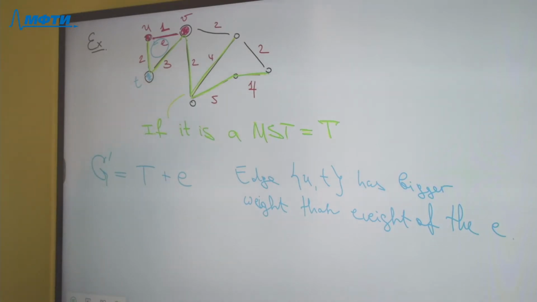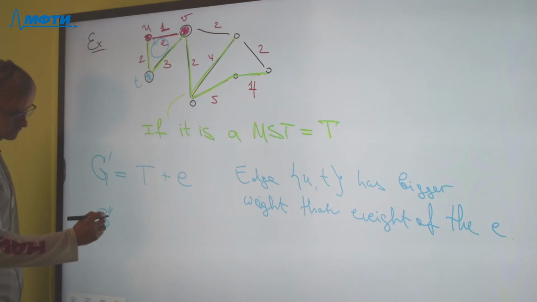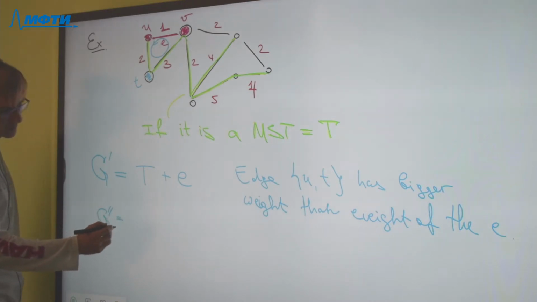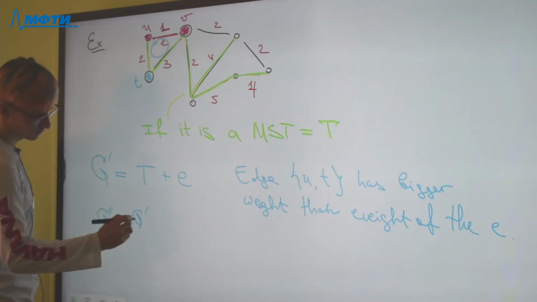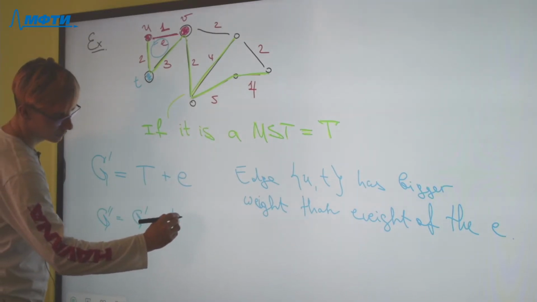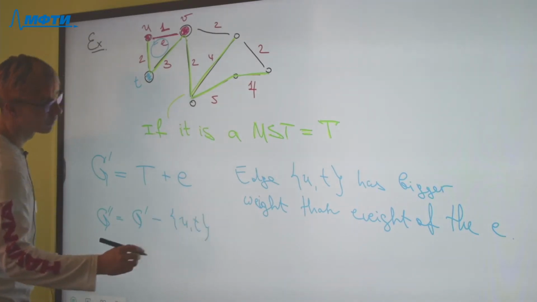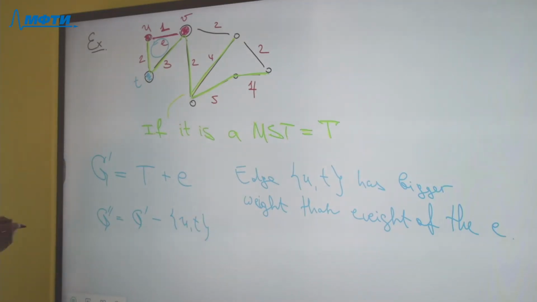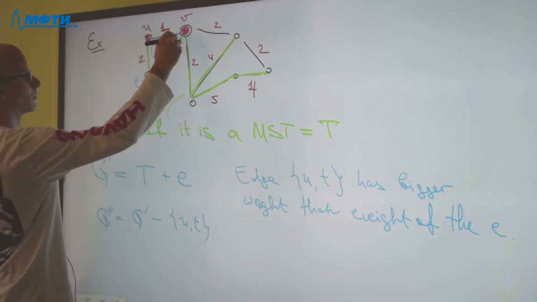So we say that if, for example, we remove edge UT, then we get G with 2 primes equal to G with prime minus edge UT. Then we get a new minimal spanning tree.